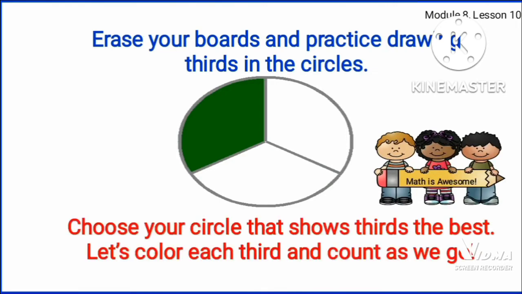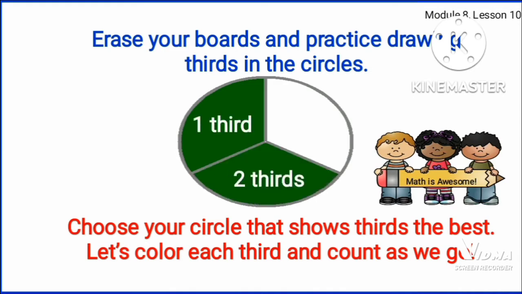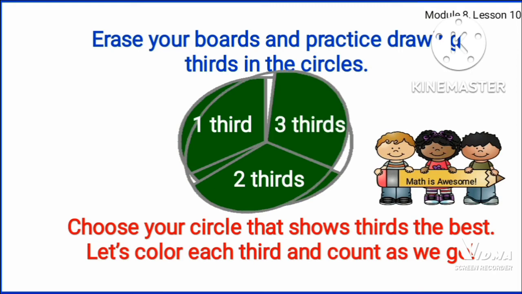I've colored 1 part, 1/3 of the circle. Now choose your circle that shows thirds the best. Let's color each third and count as we go. 1/3, 2/3, 3/3. I told you before, 1/3 is 1/3, 2/3 is 2/3, 3/3 is 3/3, which is the whole.